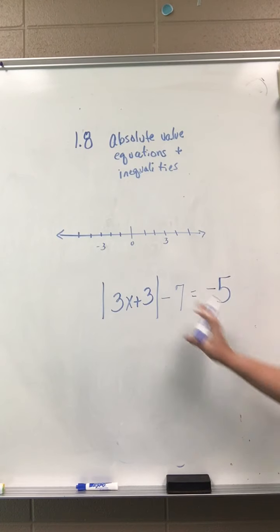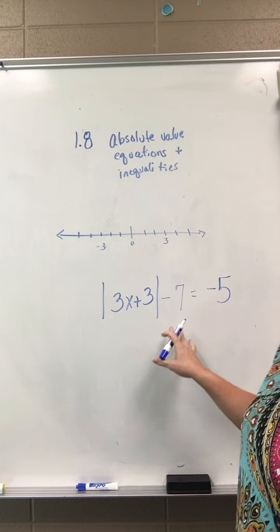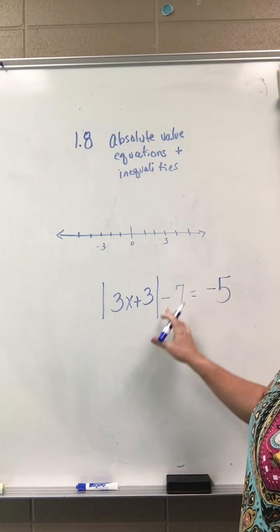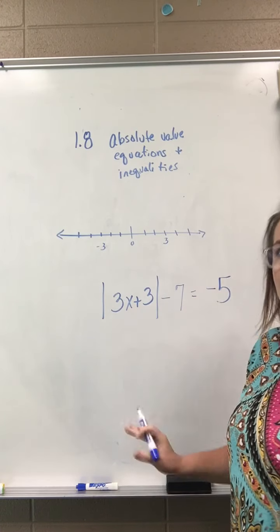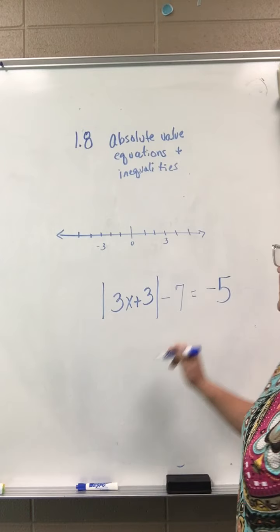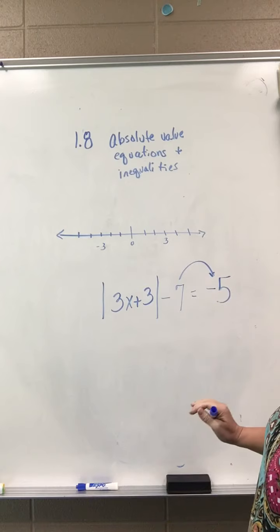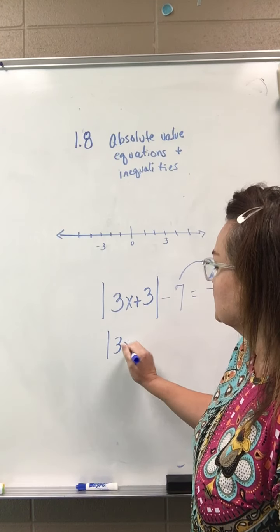Now in this case, you've got some extra stuff outside your absolute value signs, and we need to get that isolated. We need to move this negative 7 across the line and isolate our absolute value sign before we make a determination of if it's workable or not. So even though this says negative 5, it needs a little cleaning up first.